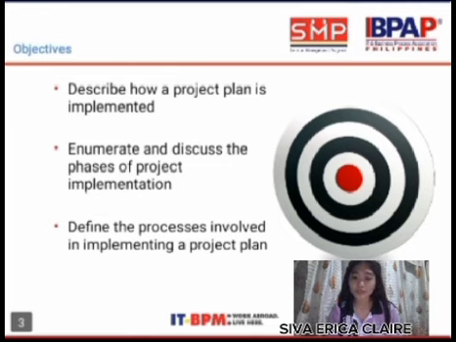Define the process involved in implementing a project plan. This objective focuses on the specific procedures, techniques, and methods used to carry out each phase of project implementation. It's about understanding the how-to aspects.